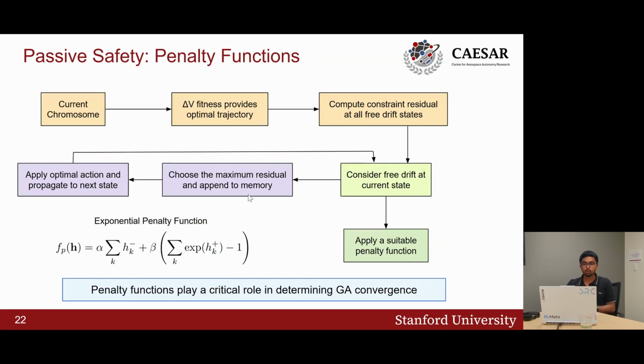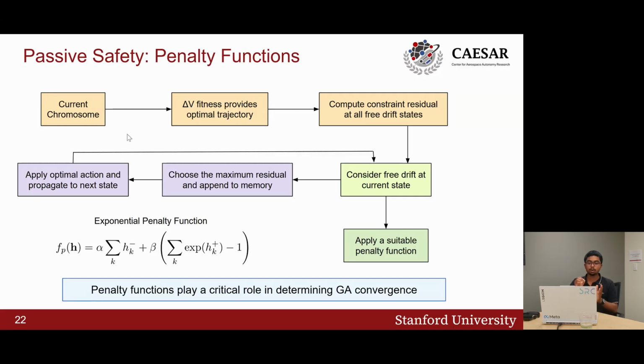So what happens is that once we evaluate the delta V fitness of the chromosome, we try to compute the residual fitness of all the trajectories which are possible as free drift states from any point in the trajectory. Each chromosome is a representation of one trajectory.